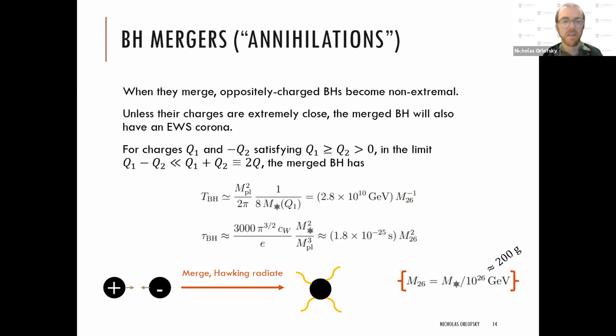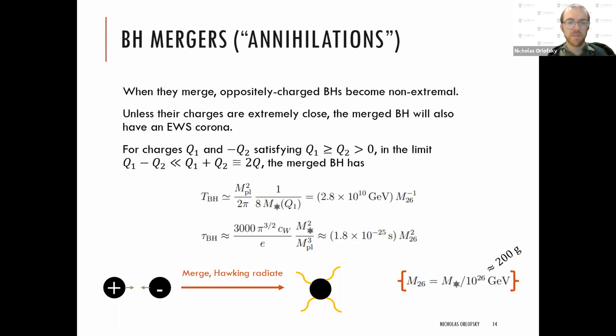I'm going to assume that there's some slightly different charge between the two, which is the generic assumption, in which case you have some imperfect discharge. So you still have some electroweak-symmetric corona, and you still have this very fast decay process once they merge. So you have some merger and then some very immediate Hawking radiation.